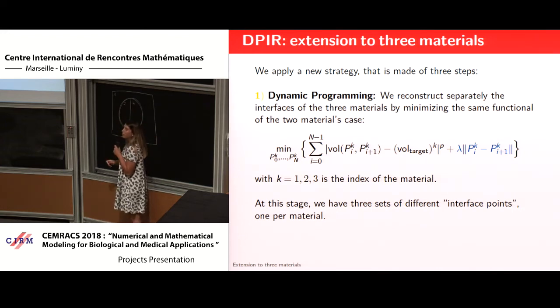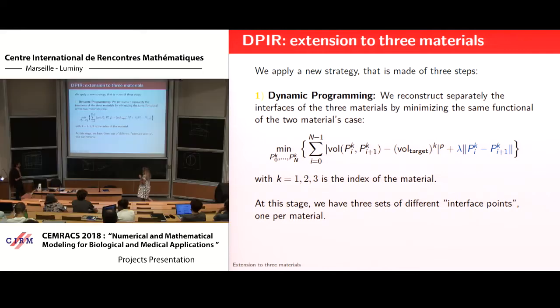Then I consider material 2 and do the same thing, so I have a closed interface, and the same for material 3. In this way the cost is not increased, and all the computation can be parallelized, so you can do it separately, in parallel.